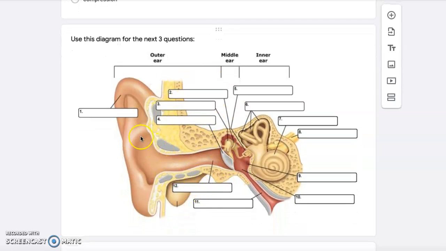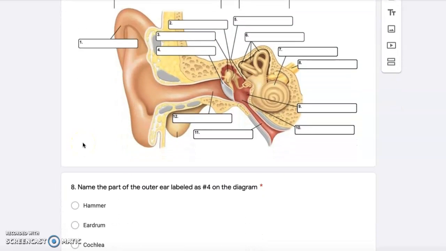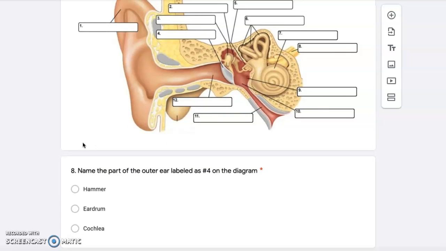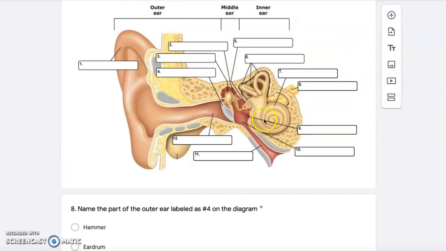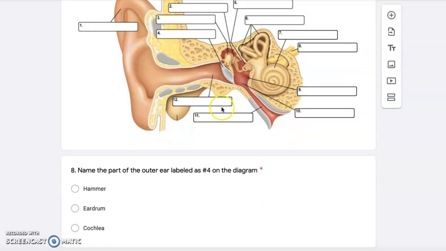Use this diagram for the next 3 questions. Number 8. Name the part of the outer ear labeled as number 4 on the diagram. So number 4 is right here, down here. Is it the hammer, eardrum, or cochlea?